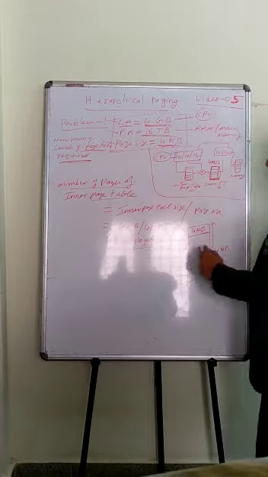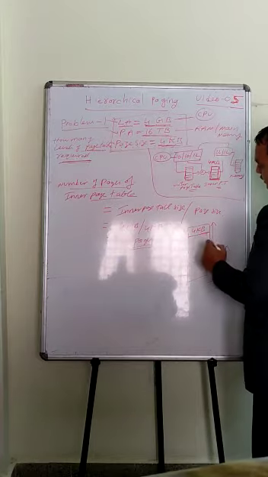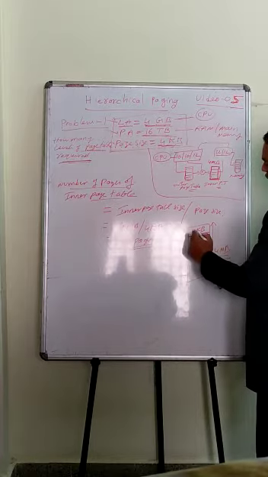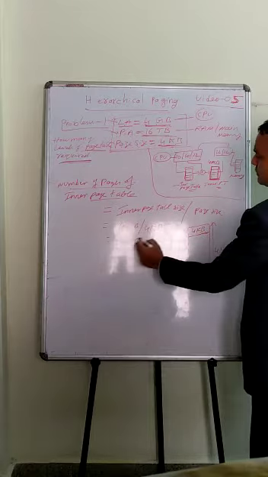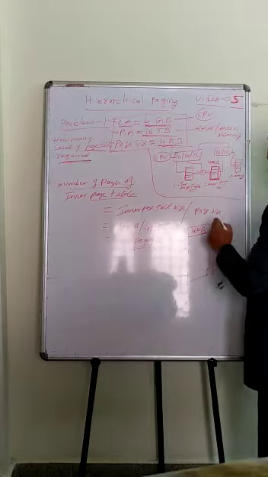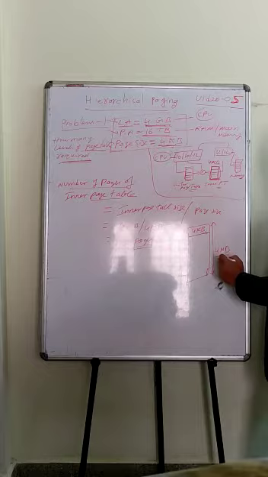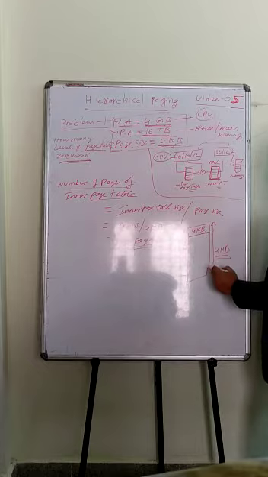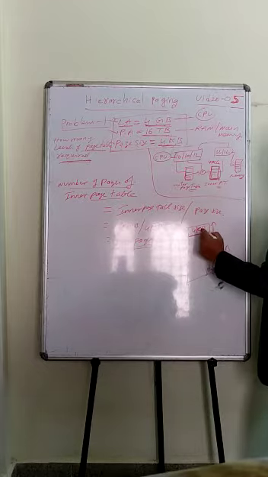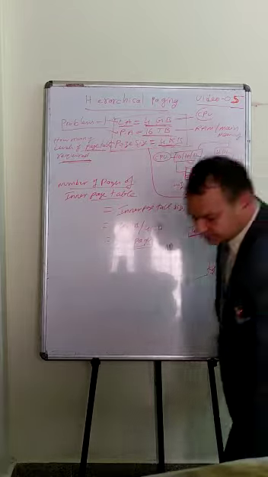Understood? This is how we got 2 power 10: 4 MB by 4 KB is equal to 2 power 10 pages. Out of 4 MB space, if we divide into 4 KB page size, we get 2 power 10 pages.